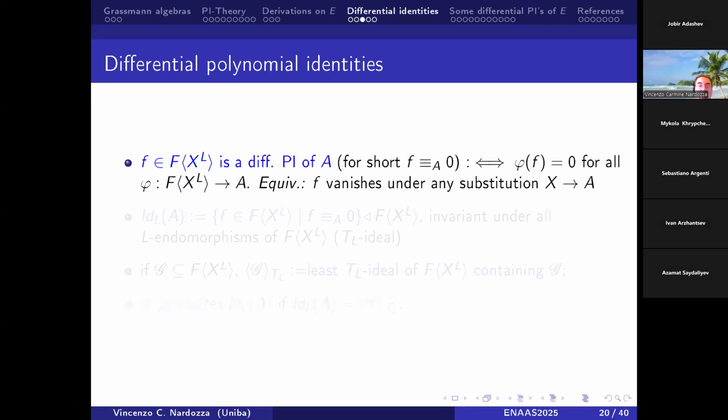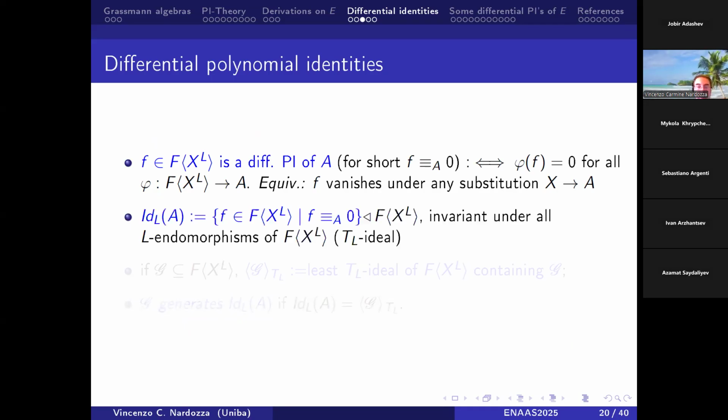We get a differential polynomial identity of A if we have a differential polynomial vanishing under all substitutions of the indeterminates X by elements of A. The set of all such polynomials is a two-sided ideal of the free L algebra, which is invariant under all endomorphisms, a TL ideal.